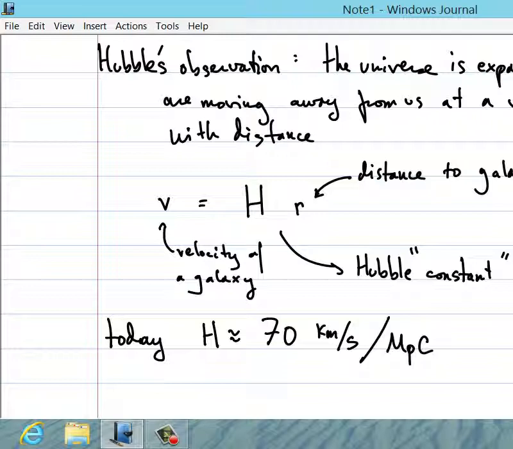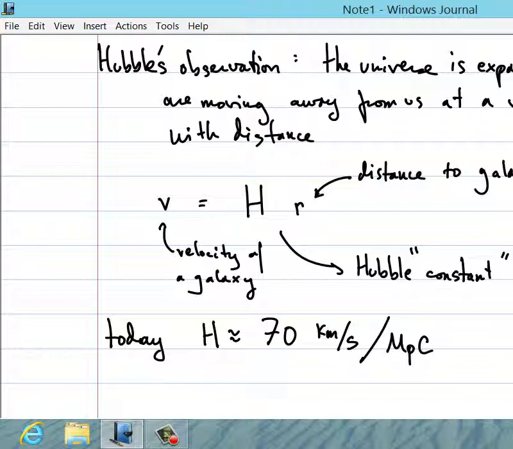And you have to remember that as you look farther out in the universe, you're viewing the universe at earlier times. If you look at something 1 million light years away, the light that you're receiving was sent 1 million years ago. So when you see that a galaxy is 1 million light years away and receding from us at a certain velocity, you're really measuring what the Hubble constant was 1 million years ago.